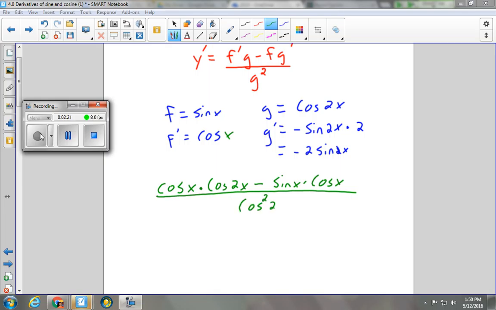You didn't put in the negative 2 sine, so I made a mistake there. That should have been negative 2 sine 2x all over cos squared 2x.